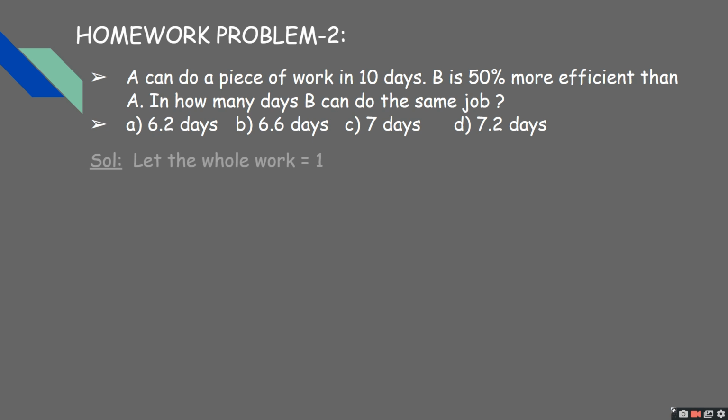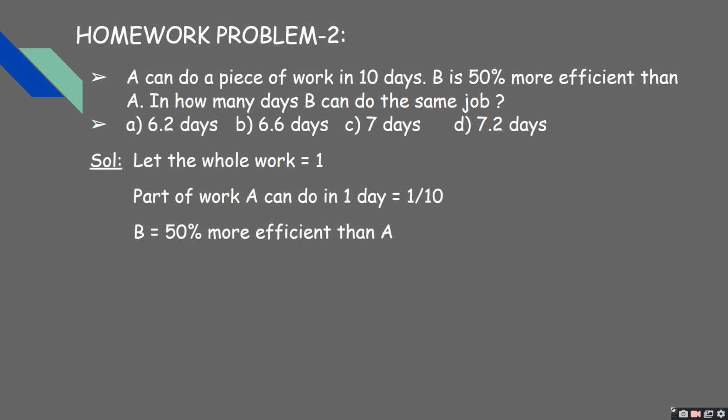Firstly, assume the whole work as 1 and the next step is to calculate the part of work done by A in 1 day, that equals 1 by 10. Given that B is 50% more efficient than A, hence we write B equals A plus 0.5 A, which gives 1.5 A. We know that A can do the work in 1 day equals 1 by 10.